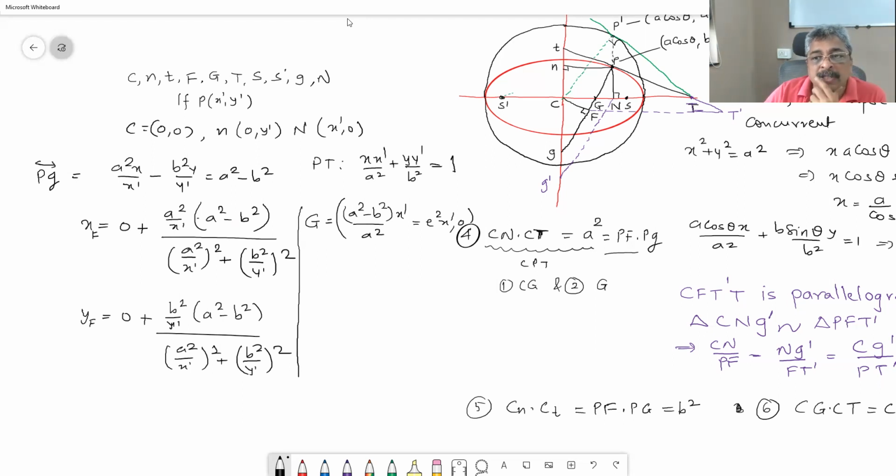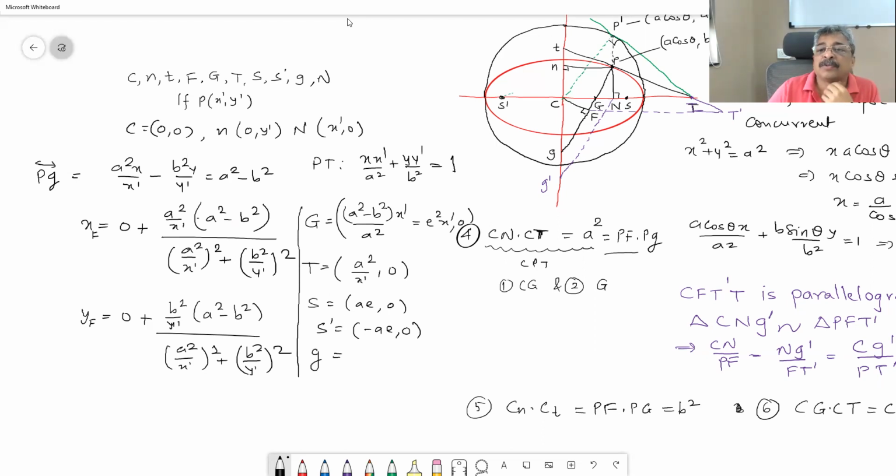It intersects x-axis, therefore y is equal to 0, and therefore the x coordinate of capital T is a square upon x dash comma 0, right? So T is done. S is AE comma 0, S dash is minus AE comma 0.